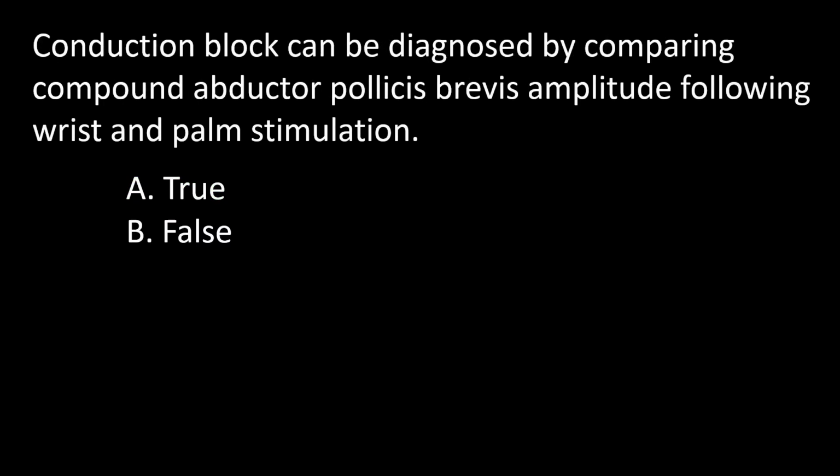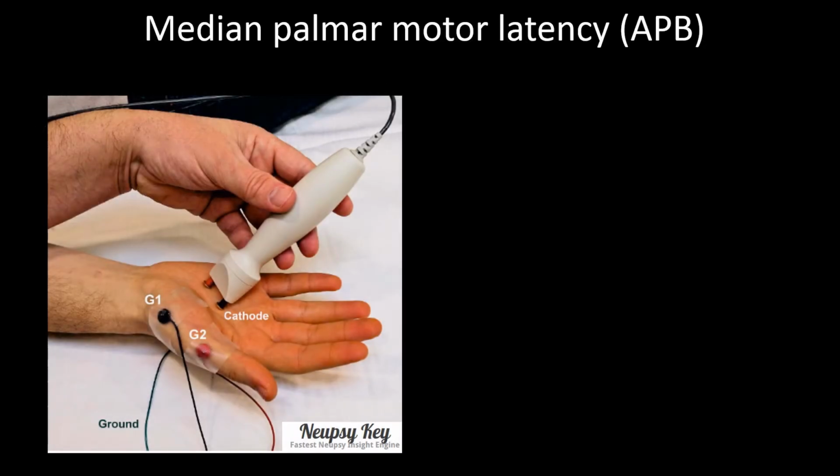Next question. Conduction block can be diagnosed by comparing compound abductor pollicis brevis amplitude following wrist and palm stimulations. A true, B false. This frame shows the electrode placement for median palm motor latency recording.